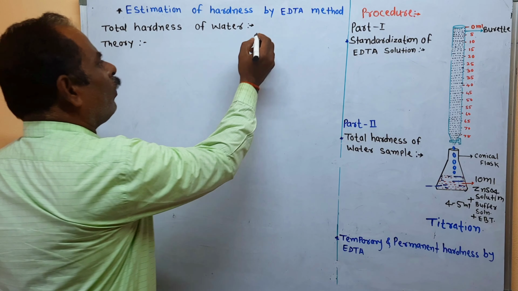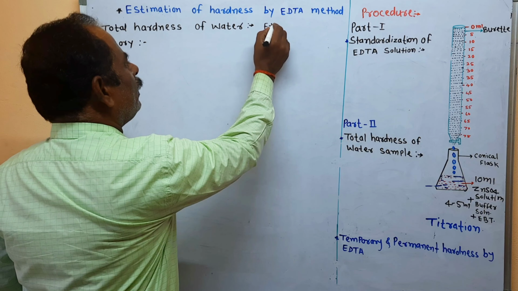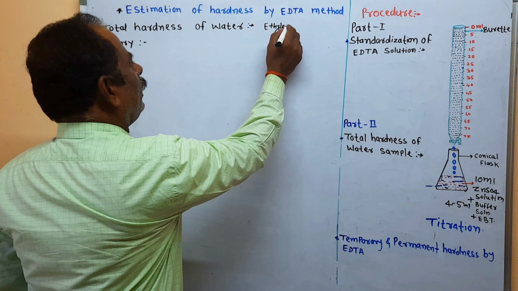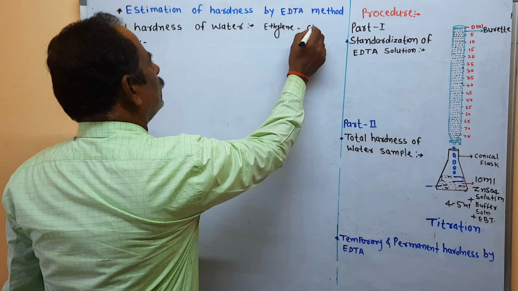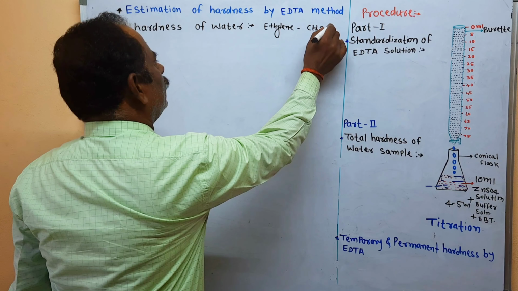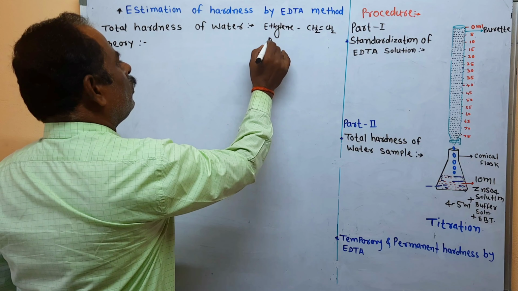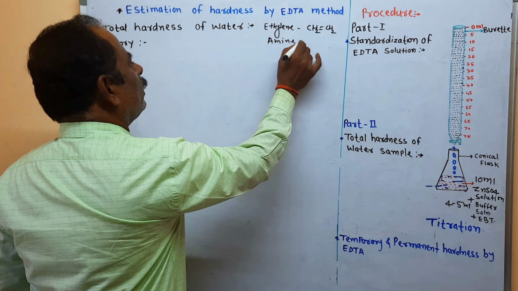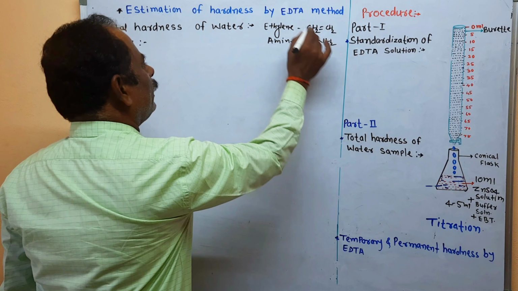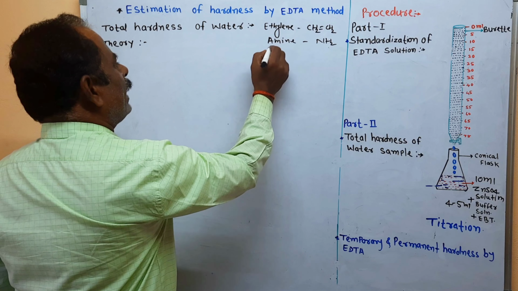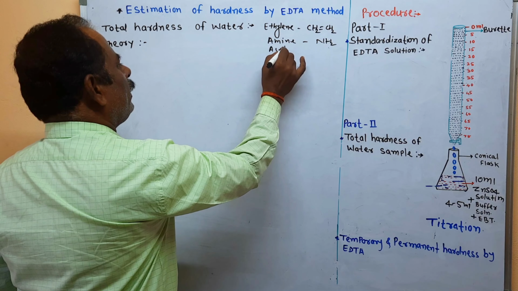Ethylene, the formula of which is CH2=CH2. The amine group, whose functional group is NH2. Acetic acid is also completed in the 10th class.